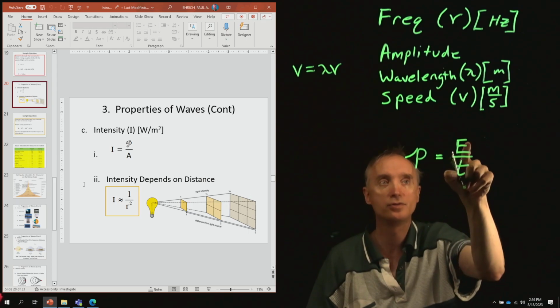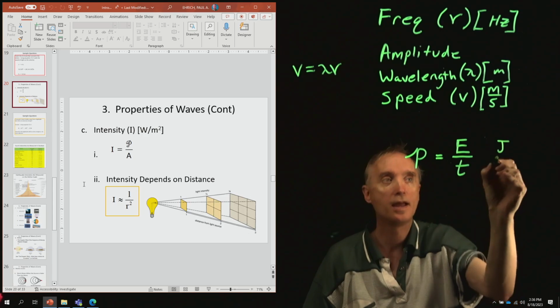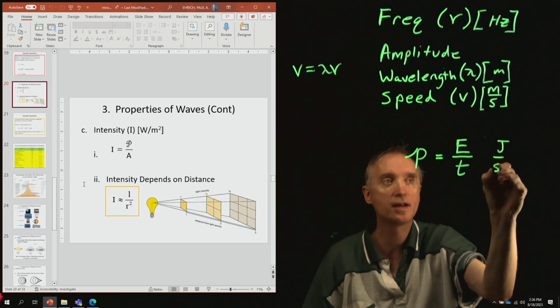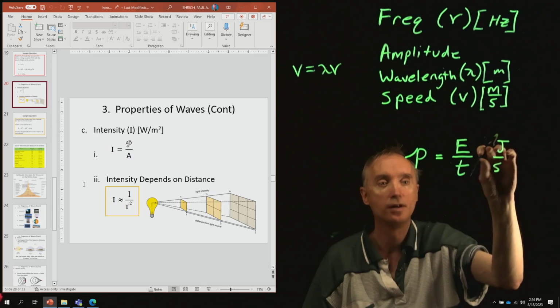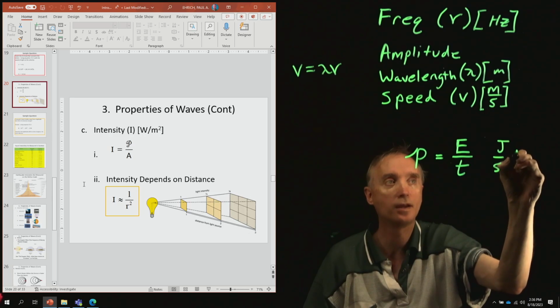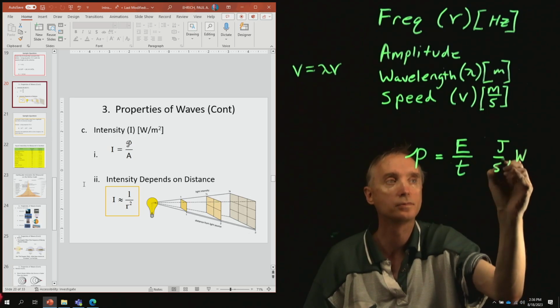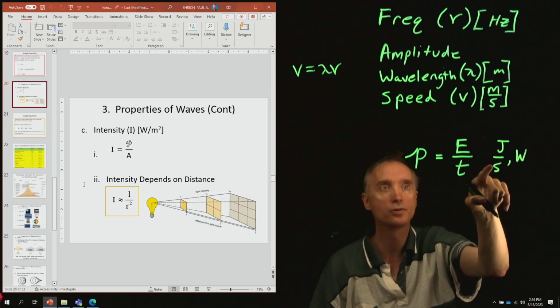Energy is given in joules, and time is given in seconds. When you put those two things together, a joule per second is the same thing as a watt. So 1 watt is 1 joule per second.